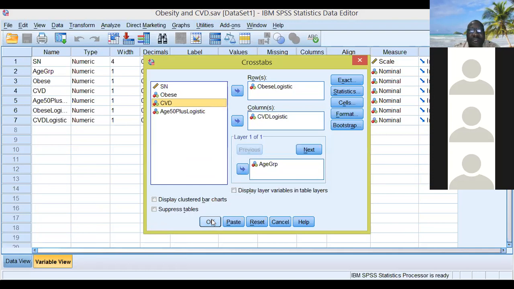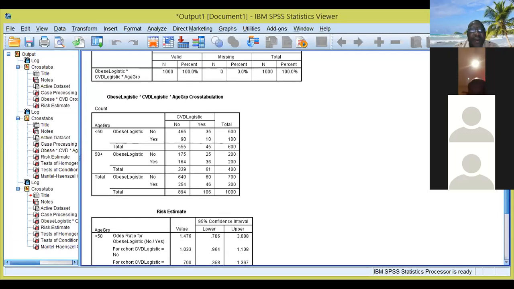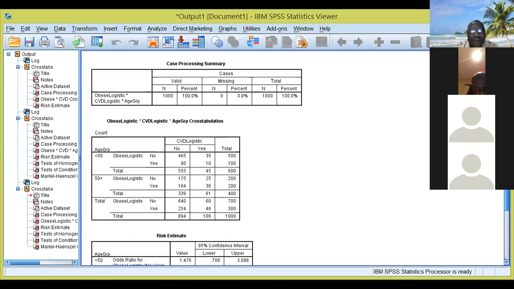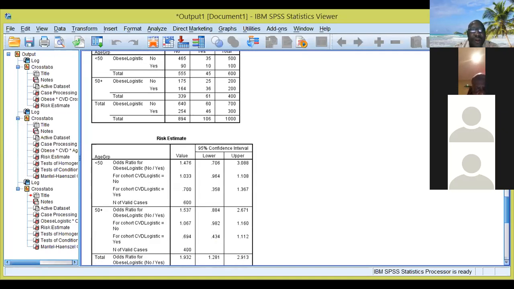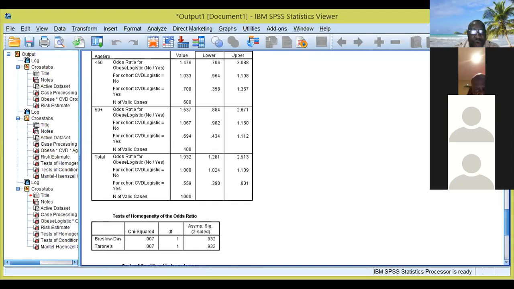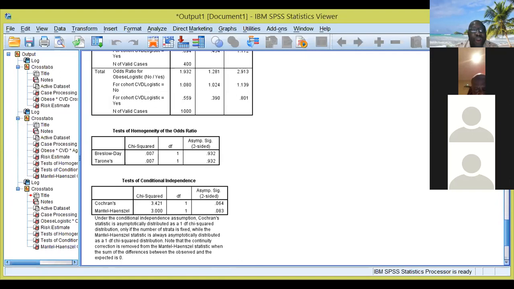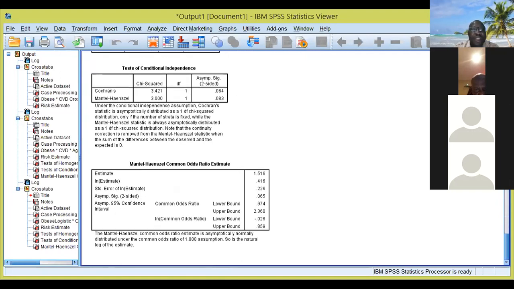Click OK, let's see what it gives. Scroll down. If you look at it, it gives you the same answer, because both of them are parallel.